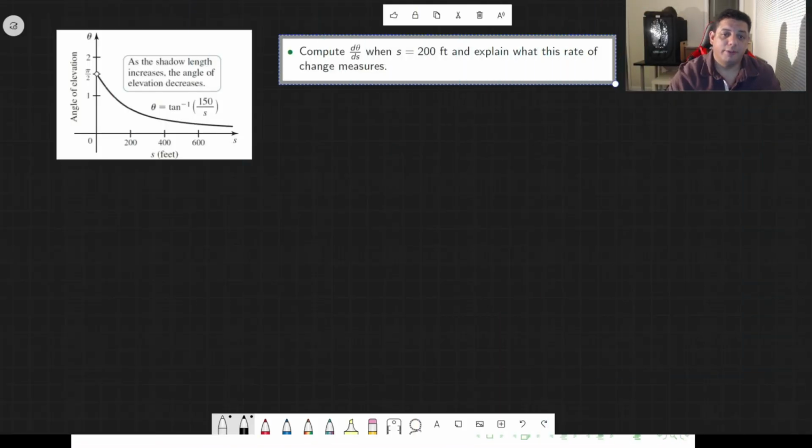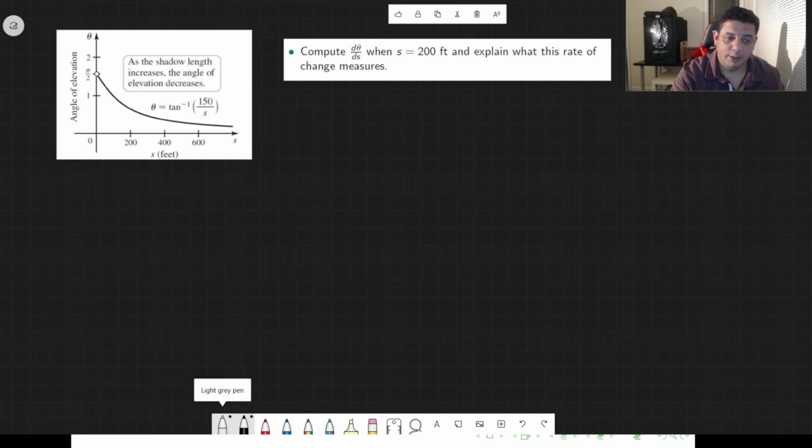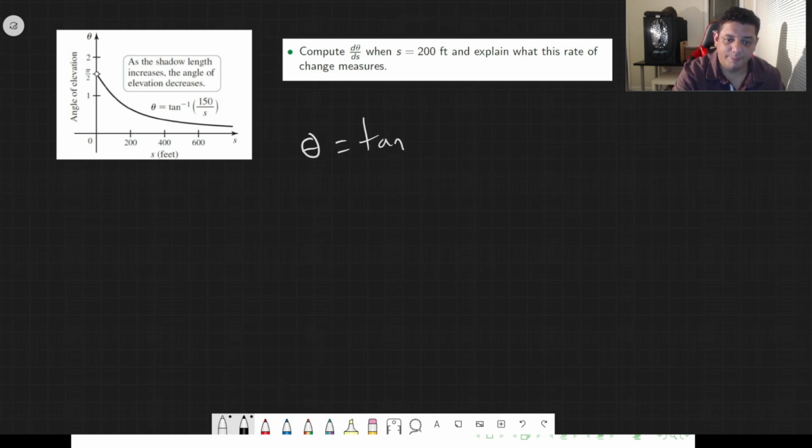All right, now let's respond to the second question, the one that we're missing. We have theta equals tangent to the -1 of 150 over x, and so we can calculate d theta over dx as the derivative of the inverse function.